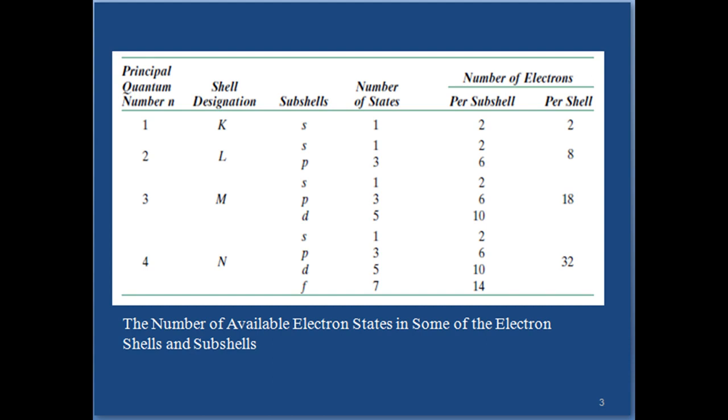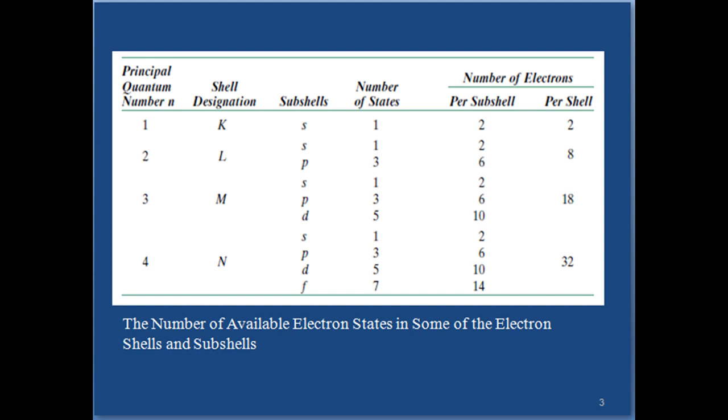The number of energy states for each subshell is determined by third quantum number, small m. For an s subshell, there is a single energy state, whereas for p, d, and f subshells, 3, 5, and 7 states exist, respectively.